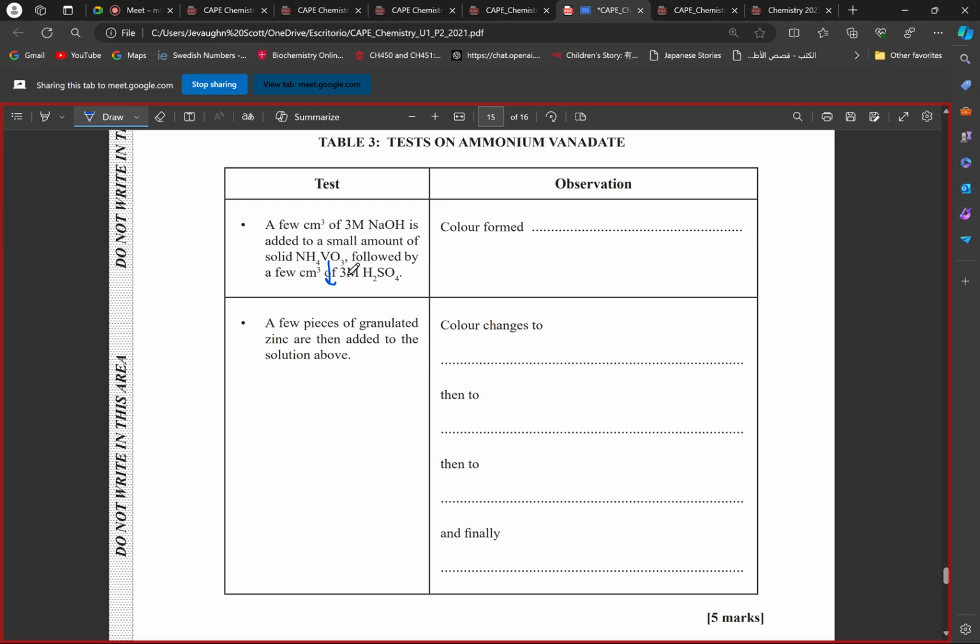It's going to be what? Which oxidation state, guys? Plus what? Sir, +5. It's going to be +5. All right. So generally now, is +5 a stable oxidation state of vanadium? Sir, I don't think so.